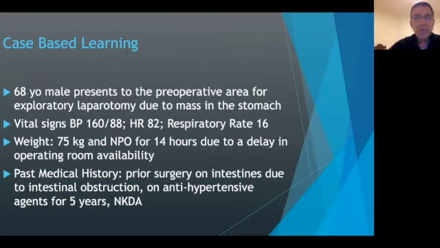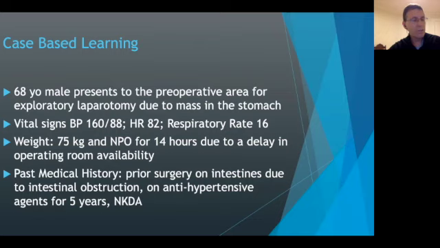This is a 68-year-old male who presents to the perioperative area for an XLAP, due to a mass in the stomach. Every case should have vital signs.